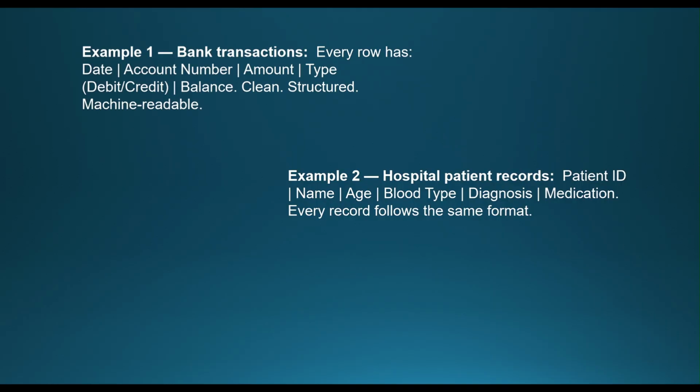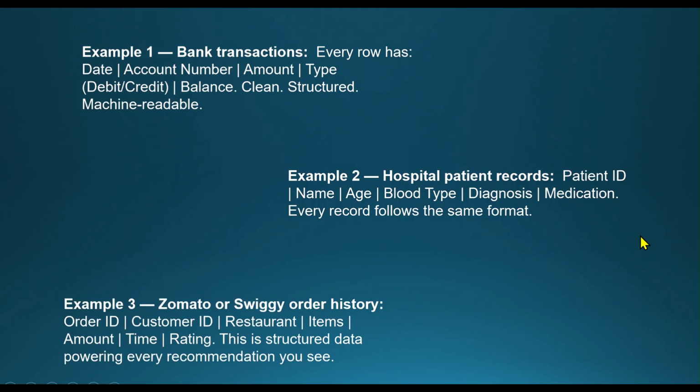What is the name, age, blood type, medication? Every record has the same format. And a Zomato or a Swiggy order history where we have the order ID, customer ID, which restaurant, what are the items, amount, time, etc. So these are quite handy real world examples.